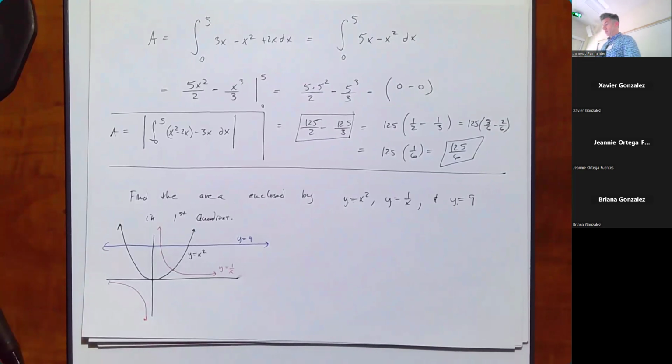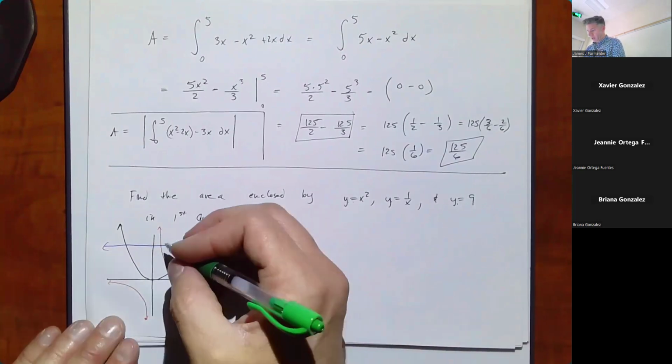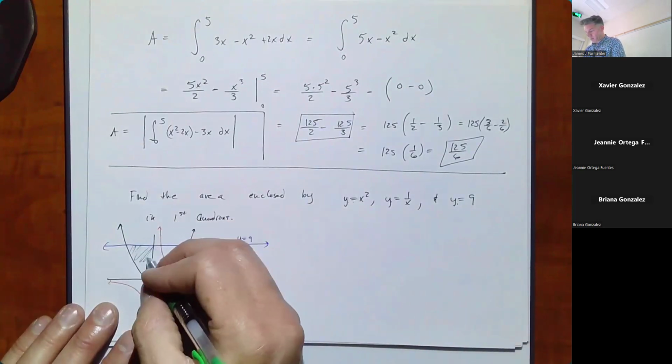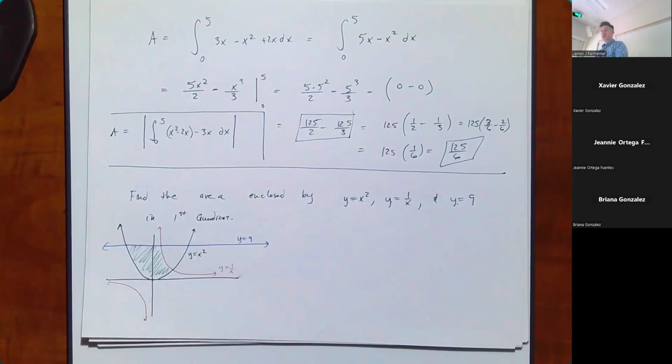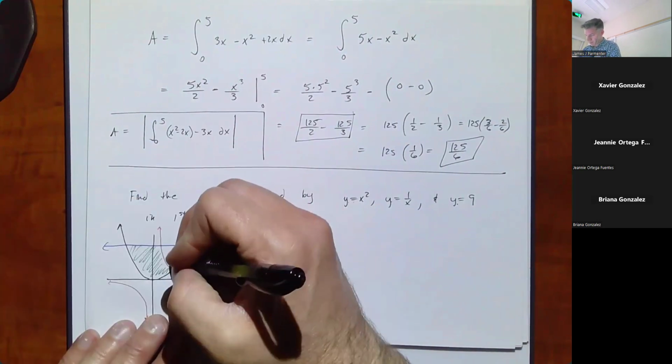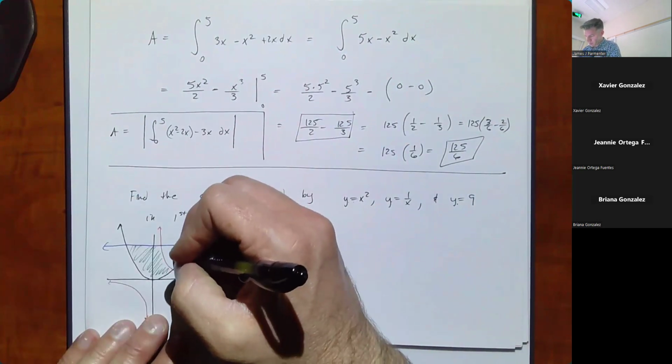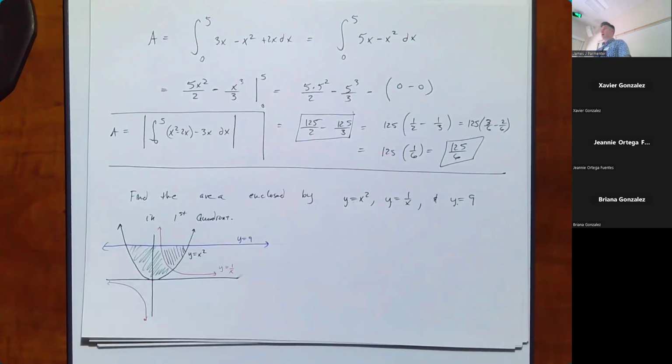There's this incorrect region right here, because some of it lives in quadrant 2, but the region I actually want is this one here, where that region is bounded by all 3 curves we have been given and is completely in the first quadrant.